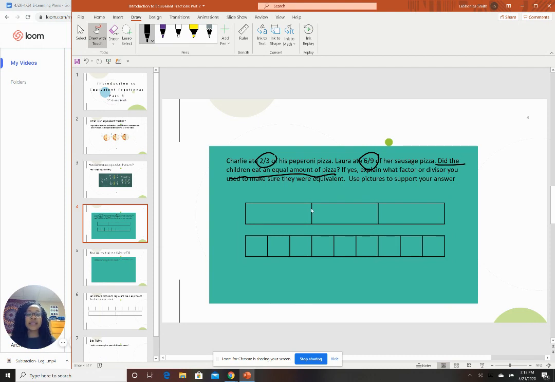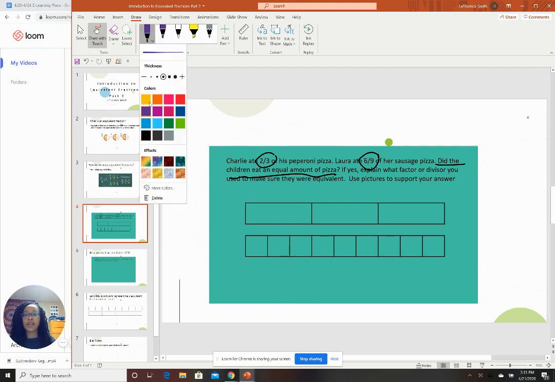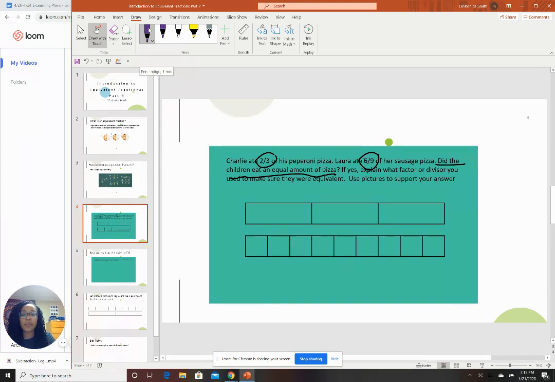Okay. I already have down here bars that represent the pizza. And this is the 3 sections. So we need to color in 2/3. I'm going to pick a different color here. So this would be the 1/3, and that's the 2/3. Okay. And then Laura ate 6/9. So I already have the sections into 9. Let's make sure. 1, 2, 3, 4, 5, 6, 7, 8, 9.